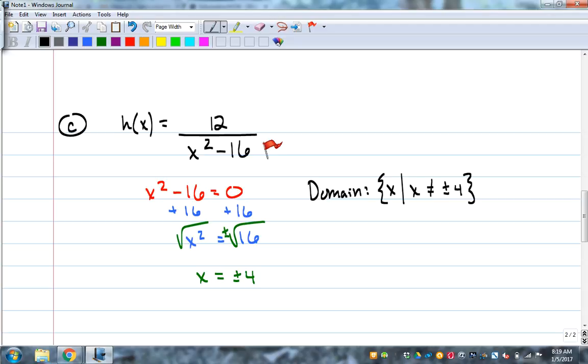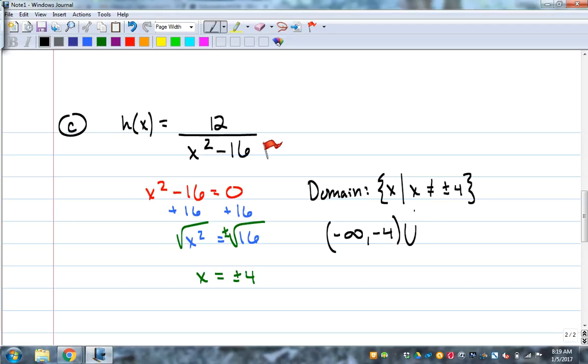For the interval notation, think about the number line. If it helps you to draw one, go ahead and do that. But what's the first part of our interval notation? Up to -4. Are we including -4 or not? No, so it's a parenthesis.